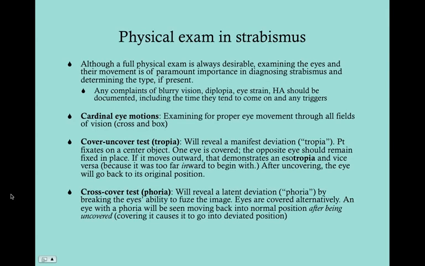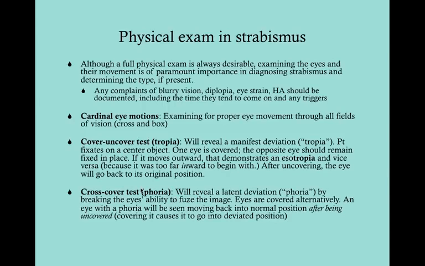The eye with a phoria will be seen moving back into a normal position after being uncovered. So here, with the cross-cover test, we're looking at the eye after we uncover it, whereas with the cover-uncover test, we're looking at the non-covered eye. With the cross-cover test, you cover the right eye, then you move over to cover the left eye, and you're looking at what the left eye does.